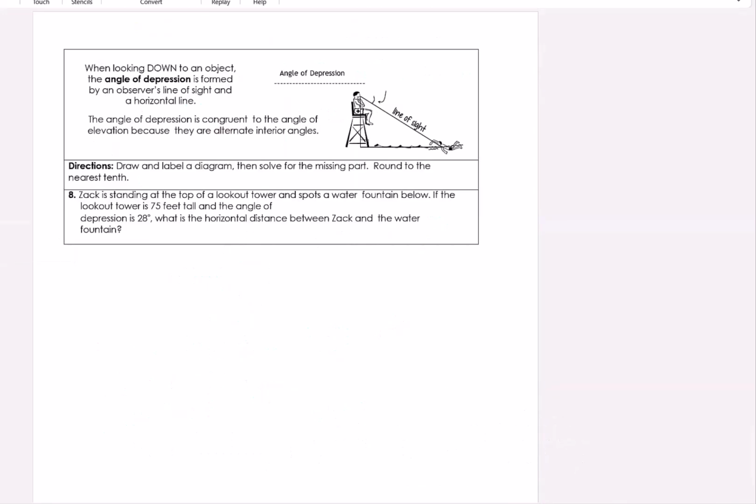Zach is standing at the top of a lookout tower. So we have a tower. And this is, and spots a water fountain below. If the lookout tower is 75 feet tall and the angle of depression is 28 degrees, and remember, I'm always thinking about my triangle.